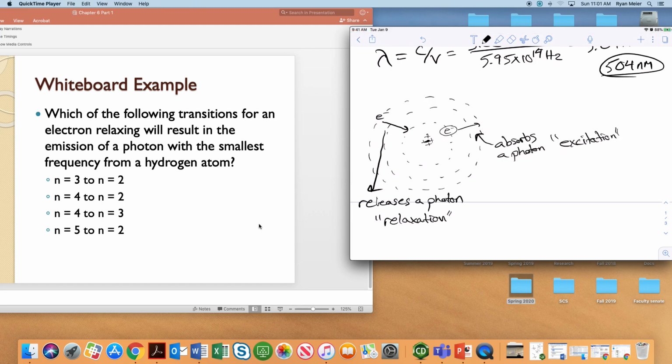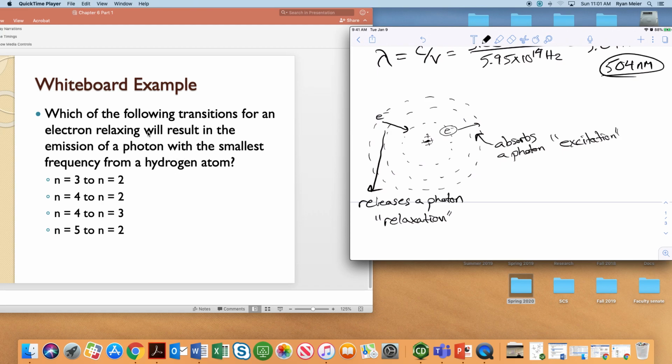For instance, over here, the energy gap between n equals 4 and 3 is smaller than the gap between 3 and 2. That's the trend we'll see, and that will always happen. The gap between 4 and 5 would be smaller than the gap between 4 and 3, and the gap between 5 and 6 would be smaller yet, and so on.